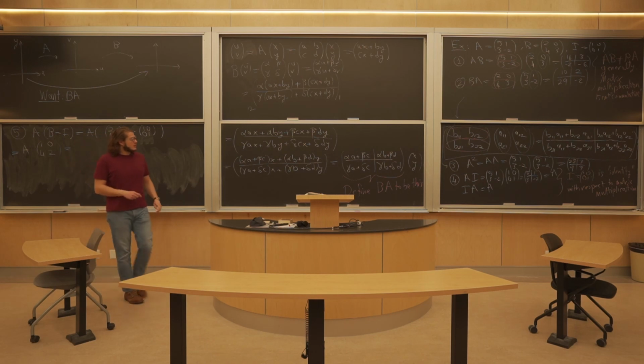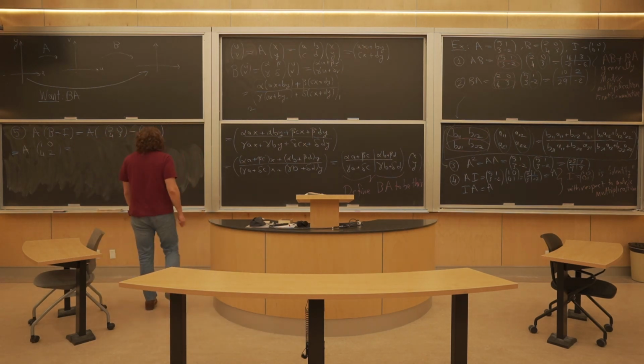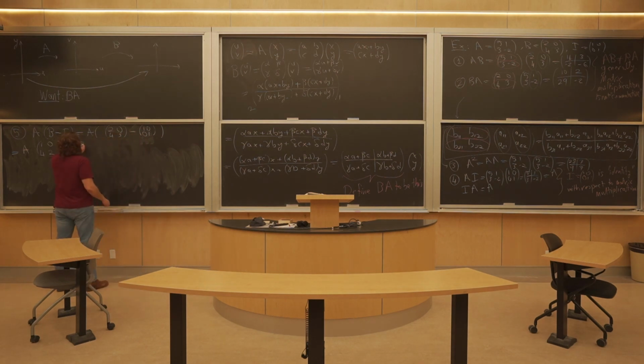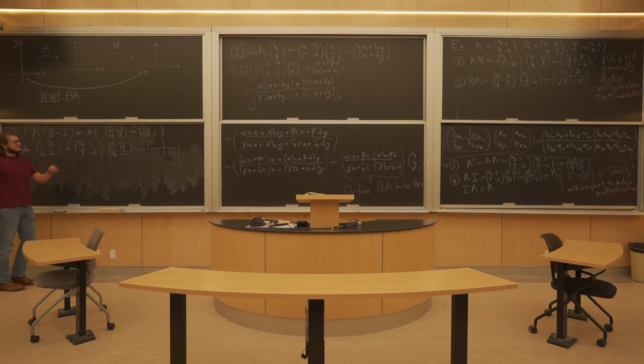Now, if you look at A, it is 5, 1, 3, minus 2. Okay, so now we can multiply things. And this is what I like doing, because in my experience, this is faster.